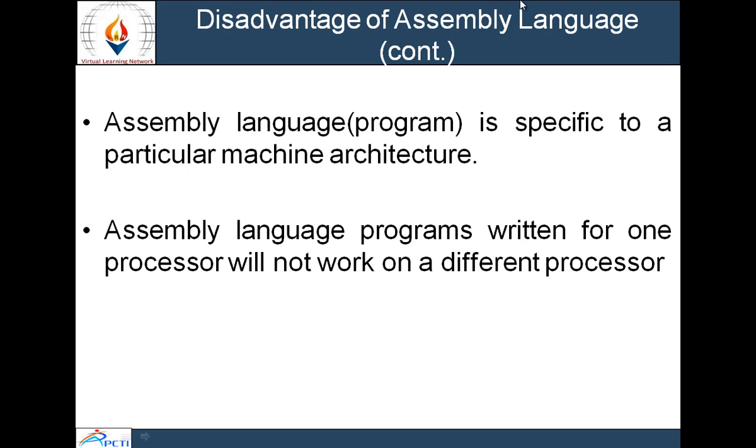The disadvantage of assembly language is that it is specific to a particular machine architecture. This is a machine dependent language. Assembly language programs written for one processor will not work on a different processor. That's why you can say that assembly is not portable.